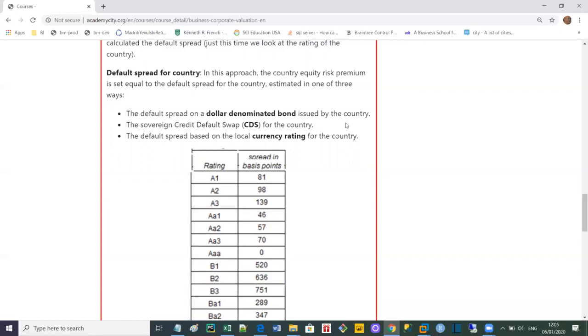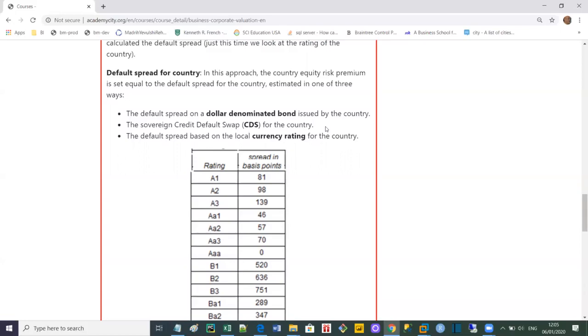A second method is to look at what is known as a credit default swap. What is that? Many times, if you buy, let's say, Argentinian government bonds, and you are afraid that the Argentinian government will default on the bonds, you want to buy a kind of insurance. You can go online and buy what is known as a credit default swap.